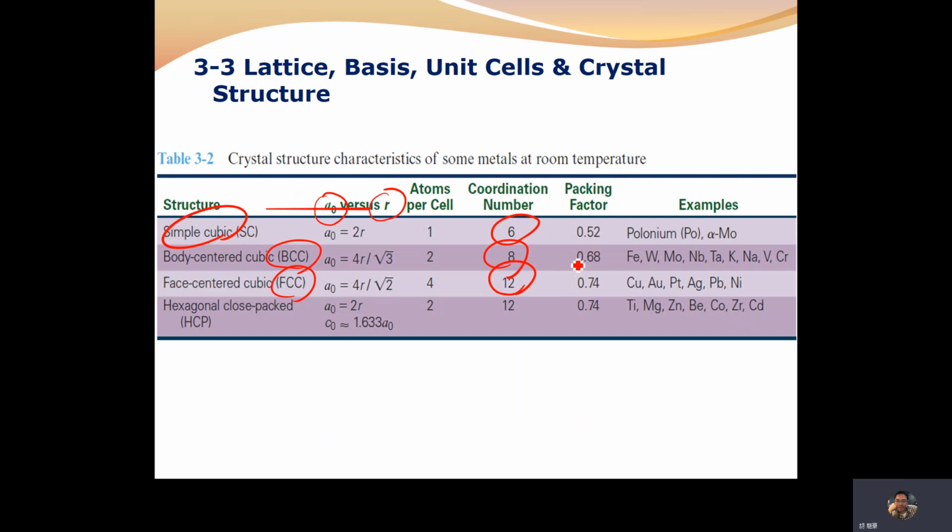And you can see that a higher packing factor shows higher density. Therefore, elements with a packing factor of 0.74, like copper, platinum, and nickel, have higher density than iron, and so on.